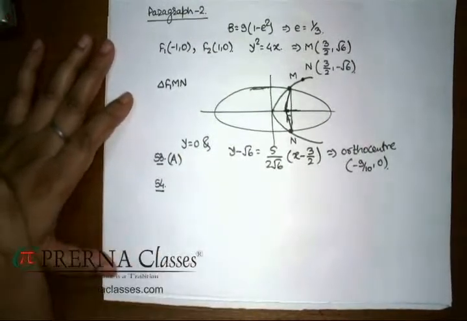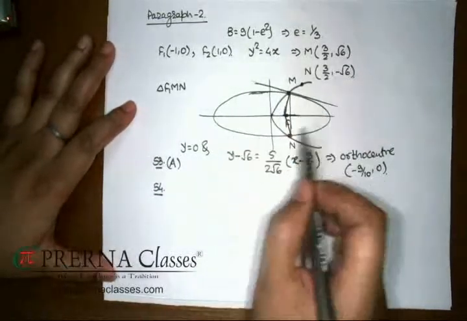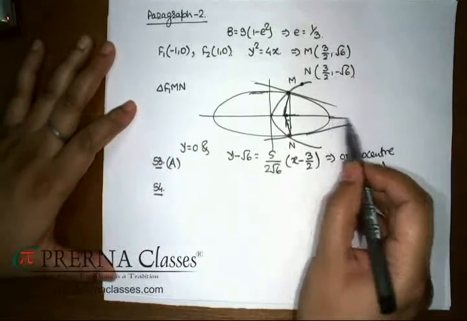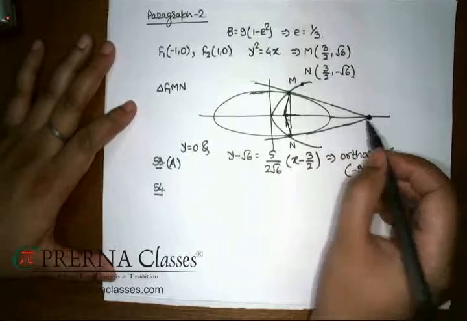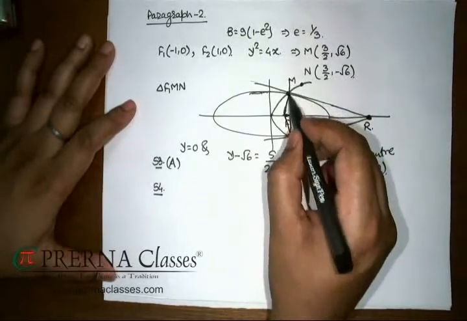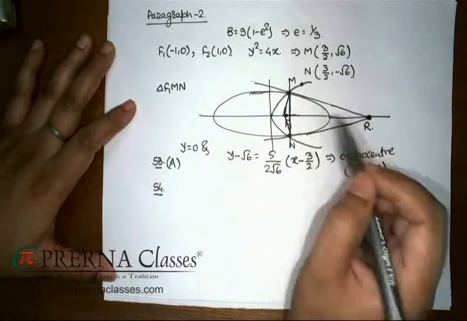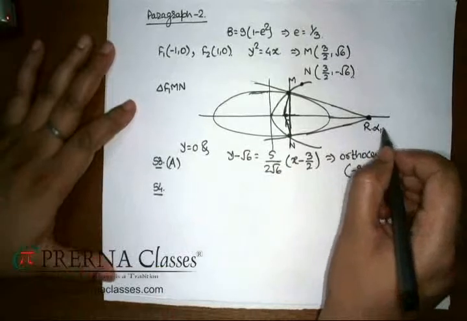In the second case, you are supposed to draw tangent to ellipse at M and N. Clearly these tangents are going to meet somewhere. That point is R. With respect to this R, you can check this MN line, which is x equal to 3/2, is nothing else but the chord of contact.